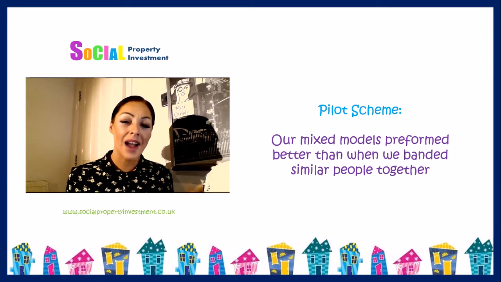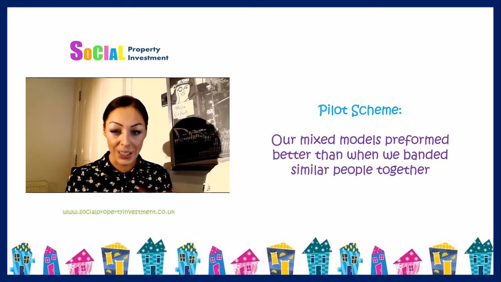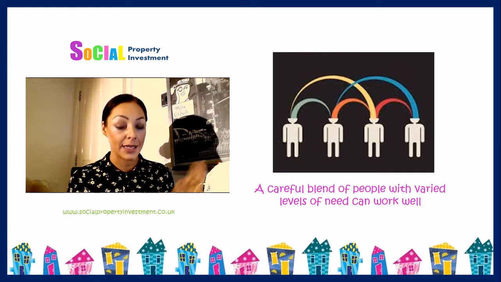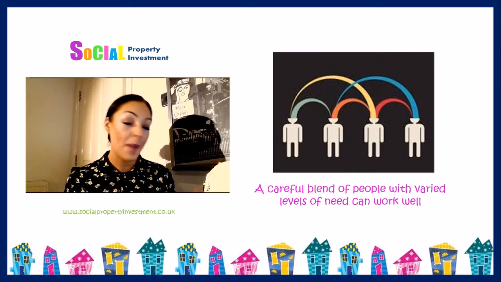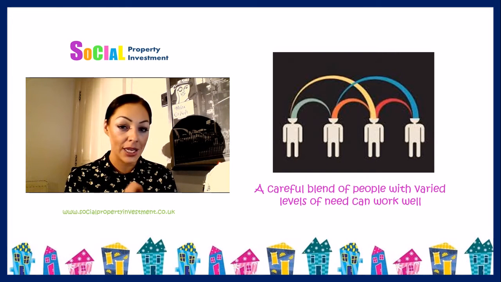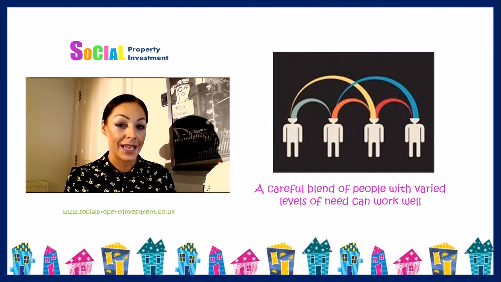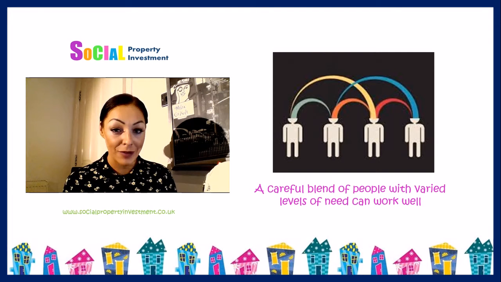And then we started to look at uncategorized, and we mixed these people a little bit, and we never mixed the sexes. That's important to know. But when we mixed ages and abilities and level of need, we had some really great results with that.